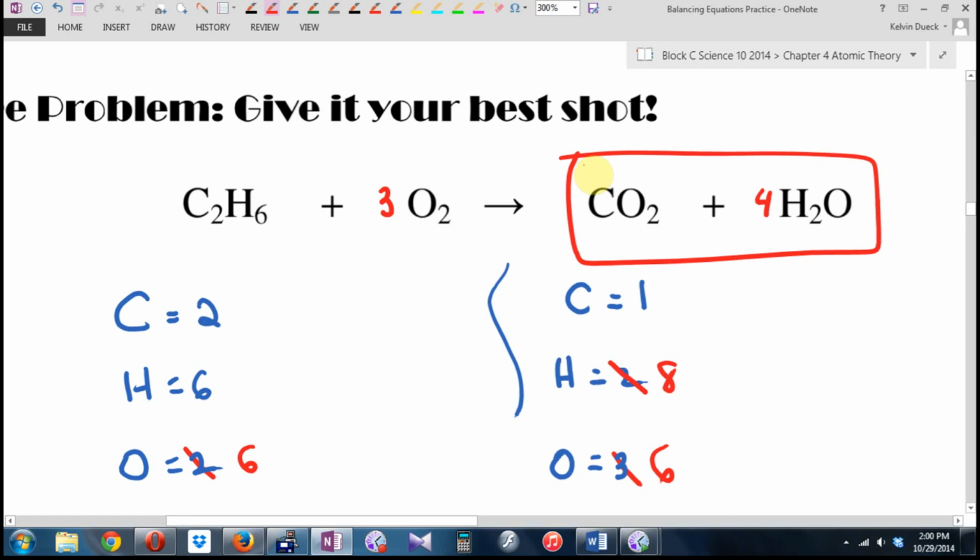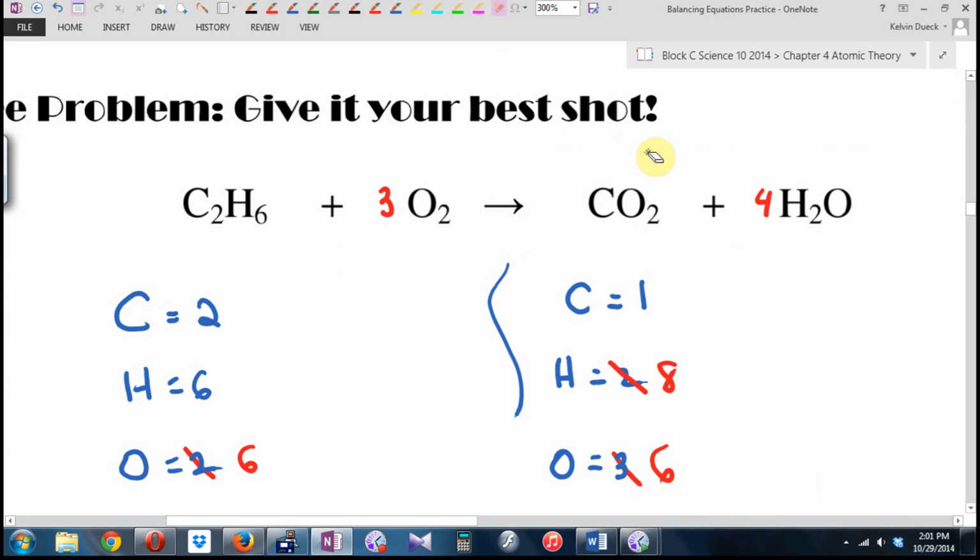So there's 2 right there, and then there's 1 times 4 right here. So you got 2, you got 4. How many oxygens grand total on the right? 6 of them. That's where the 6 comes from. But only on one side. This is tough. Are we balanced yet? Nope.